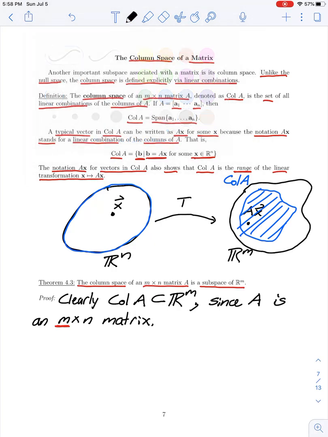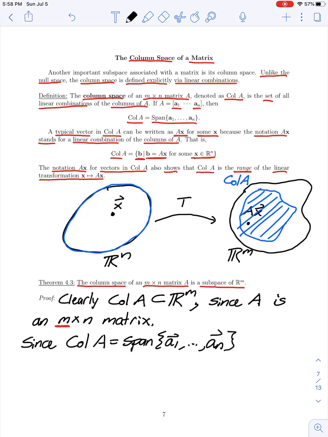And based on the definition of the column space of a matrix as the span of the vectors a1 through an, which are its columns, we know that the column space of A is a subspace by applying theorem 4.1.